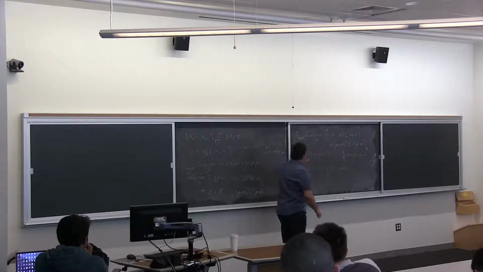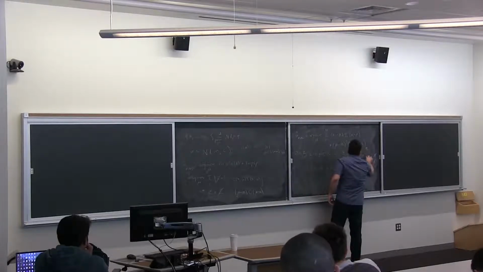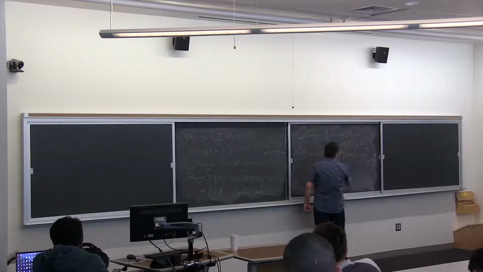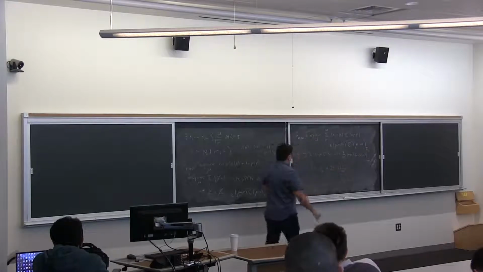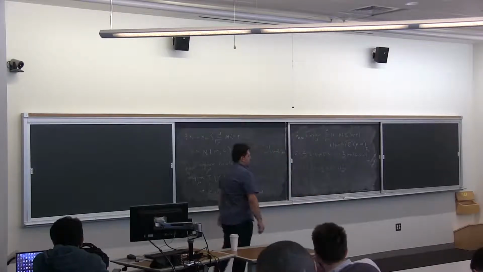And this will be equal to 0 at the MAP estimate. So I'm going to just substitute here mu hat MAP. Okay, so that's my MAP estimator. It's going to make this gradient 0.